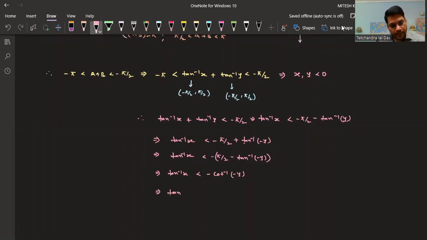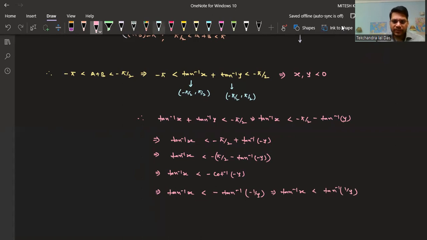See, tan inverse x less than minus of tan inverse of minus 1 by y. Then also further we can write tan inverse x less than tan inverse 1 by y, if you insert this minus here, you'll get this one.